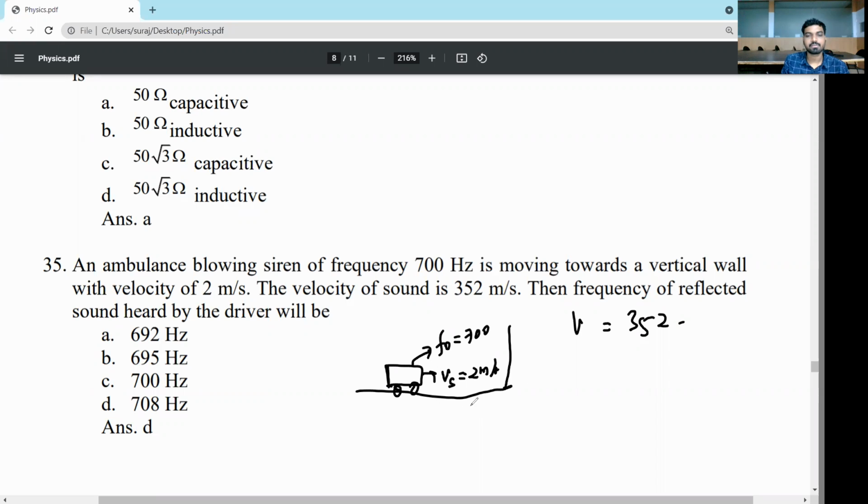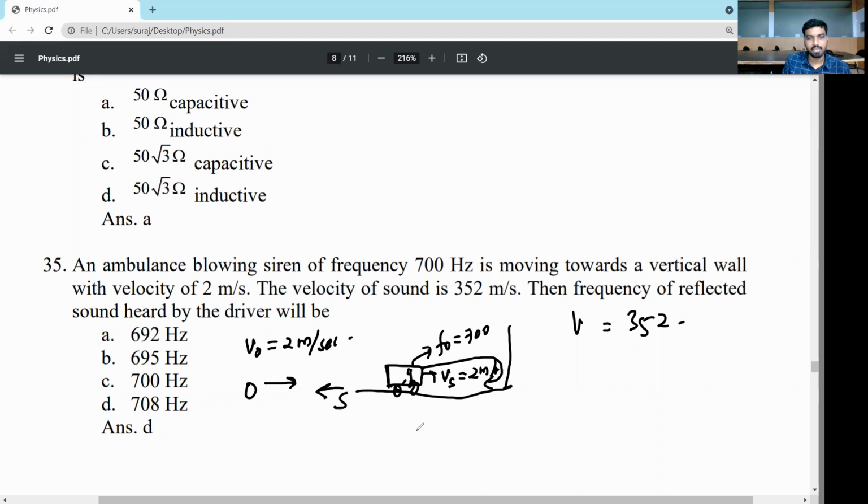The frequency of the reflected sound is heard by the driver, so the driver itself is the observer. The velocity of the observer is also 2 meter per second. The observer is moving in this direction and the source in the opposite direction, because the observer is listening to the reflected wave. So this is the observer and this is the source.